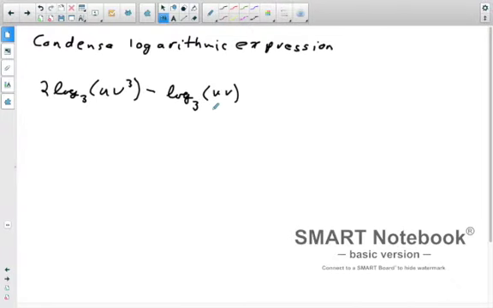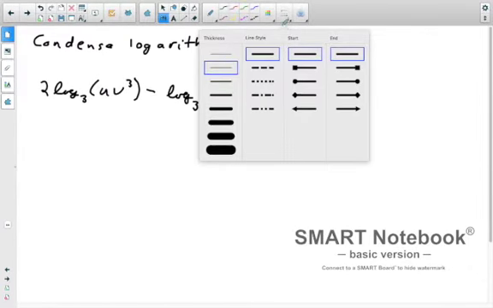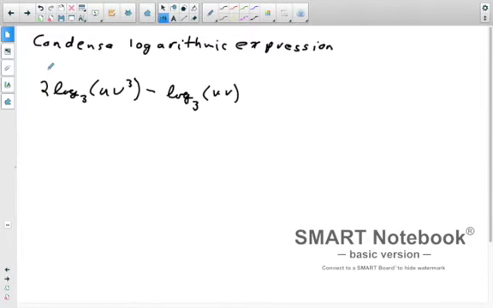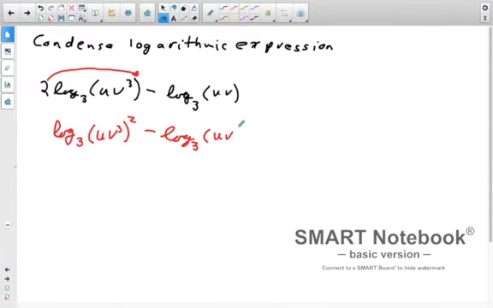Okay, so we apply our properties of logarithms, starting off with the outside of the logarithmic expression. So this 2 is going to become an exponent over here. And what that gives us is log base 3 of uv cubed squared minus log base 3 of uv.